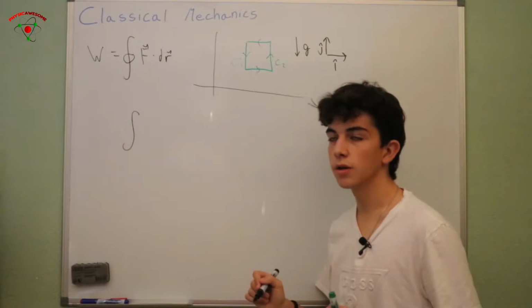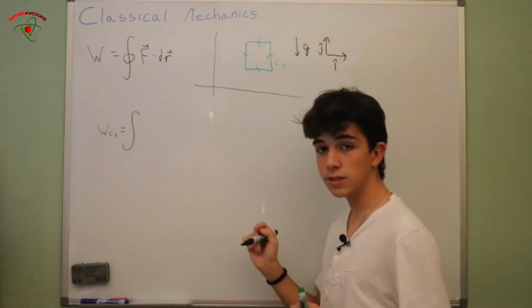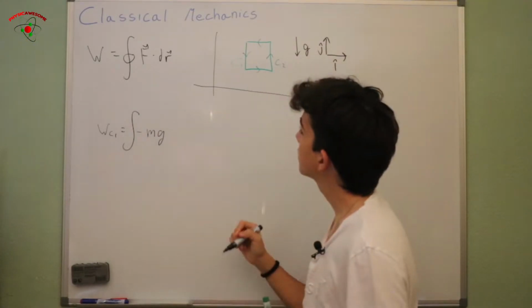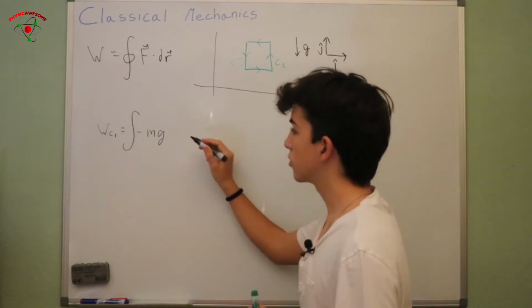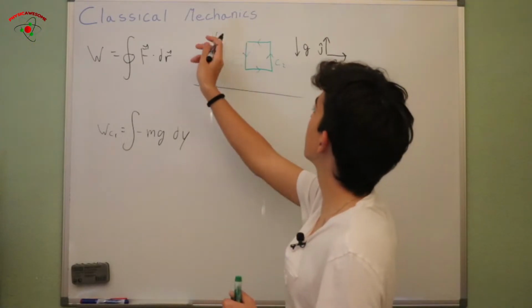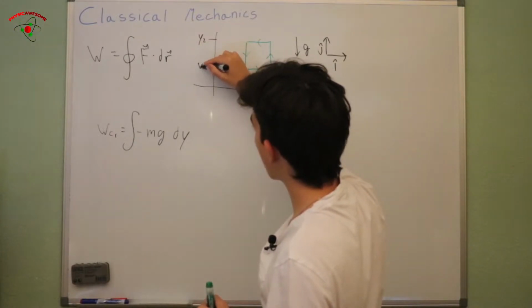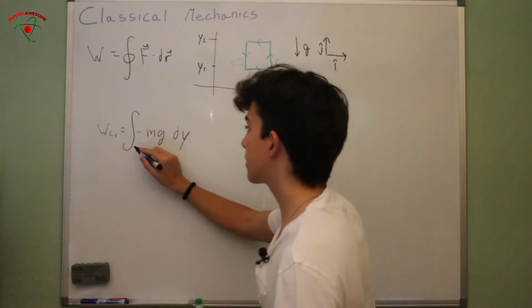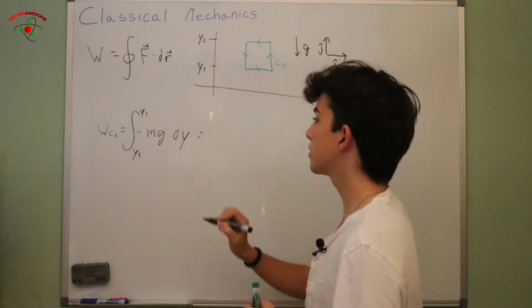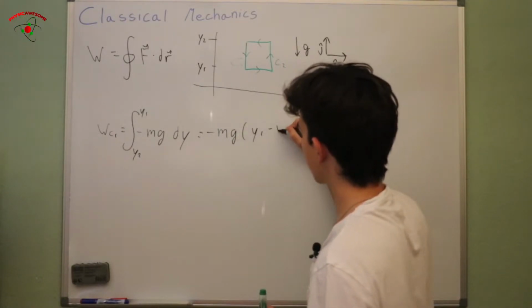We're going to have, first of all, the work made on C1 equals the integral of minus mg times dr, that is going to be dy, and we are going to go, say for example, from height y2 to height y1. So this is going to be an integral from y2 to y1. Therefore, this is going to be minus mg times (y1 minus y2).